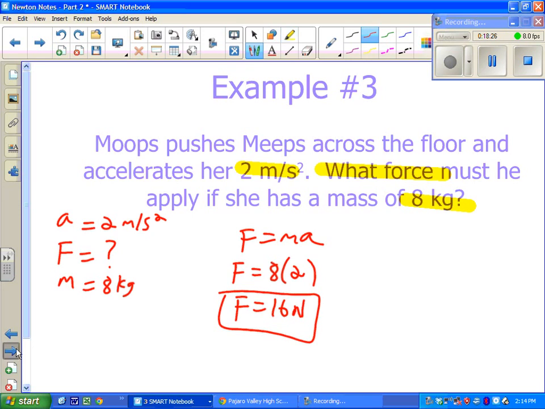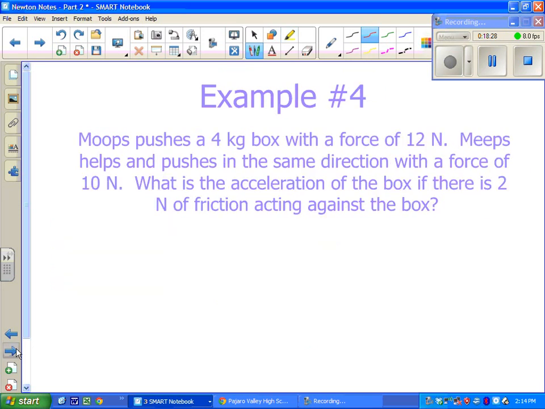And let's look at one more example. Moops pushes a 4 kilogram box with a force of 12 newtons. Meeps helps and pushes in the same direction with a force of 10 newtons. What is the acceleration of the box if there is 2 newtons of friction acting against the box? So once again, I'm just going to start writing what I know.